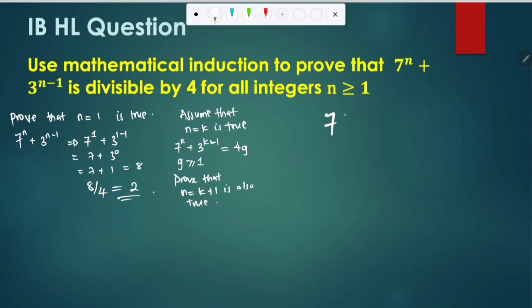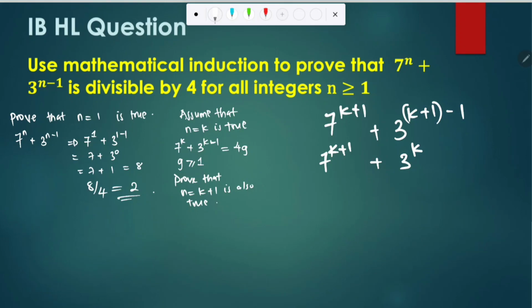So we're just going to have 7 to the power k plus 1 plus 3 to the power k plus 1 brackets minus 1. And then if I simplify this, I'll have 7 to the power k plus 1 plus 3 to the power k plus a 0. So it'll just be 3 to the power k.